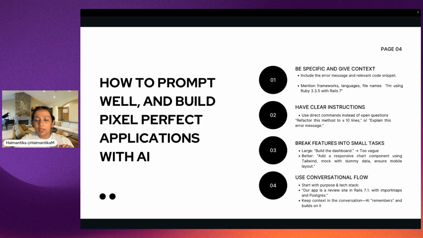For example, like the example that you see here on the slide, you need to start with the purpose and context. It's like having a conversation with a human. When you are trying to express your views to somebody, you need to tell them a story of where you're coming from or what it is about, and then share your views.